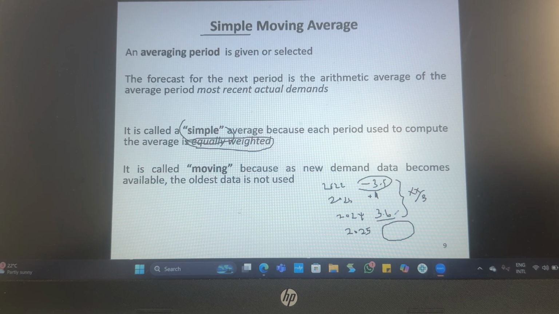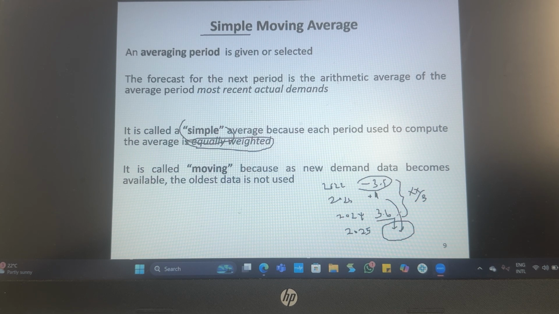What we did in 2024 closely affects performance in 2025, and what we did in 2023 also affects it, but 2022 is the least affecting. So giving equal weightages to all 3 numbers and dividing by 3 to get the forecasted value is very unrealistic.